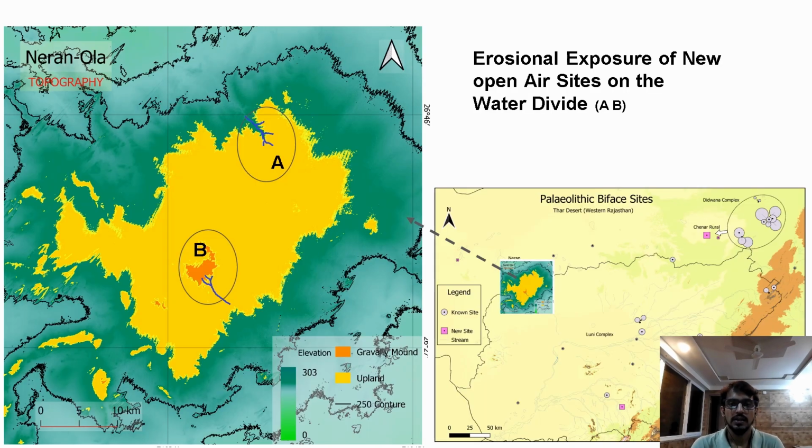Okay, the close view of the same site with multiple analytical aspects, we can see the contour maps and different visualization methods. This site is located somewhere here, and this is a kind of tabletop area. Later on, we found one more site here, B. I will also discuss how we found this site.